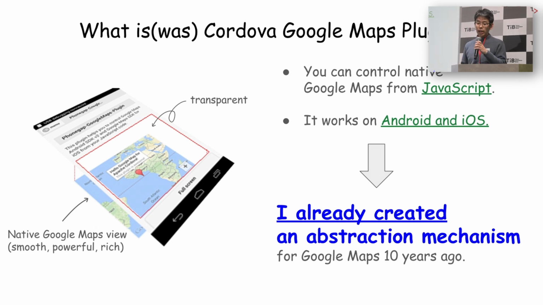So at this point, I had already created an abstraction layer for the Google Maps API 10 years ago. So I have enough experience to create an abstraction layer. So it's enough, right?